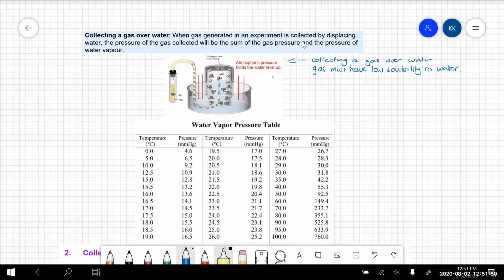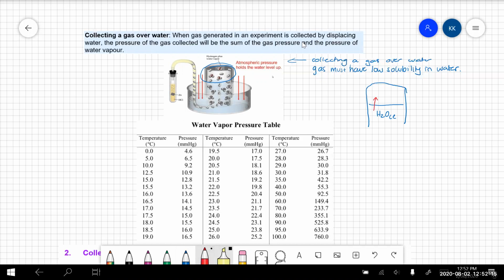So when you are collecting the gas, in the airspace above the water, you have the gas, but you also have some water vapor. If you've got some liquid water here, we've got a closed container, there's an equilibrium set up.